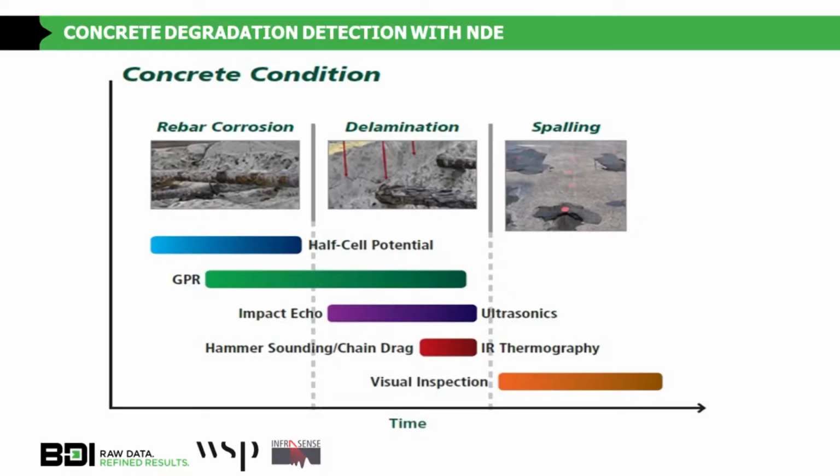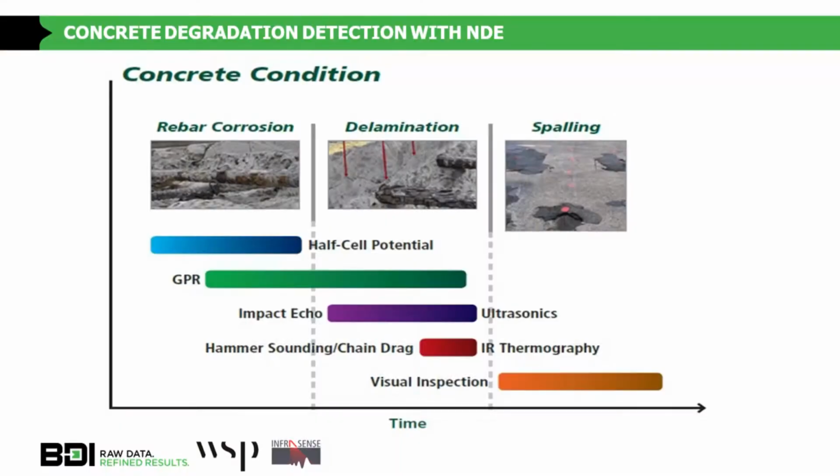Luckily, we've identified which specific tools across that time frame we can use to identify that degradation. We can use electrochemical tools like half-cell potential to identify whether or not we have a corrosion cell that's active and whether or not the rebar in the structure is going to start corroding. From there, we can use GPR, ground penetrating radar, and identify those precursors to degradation.